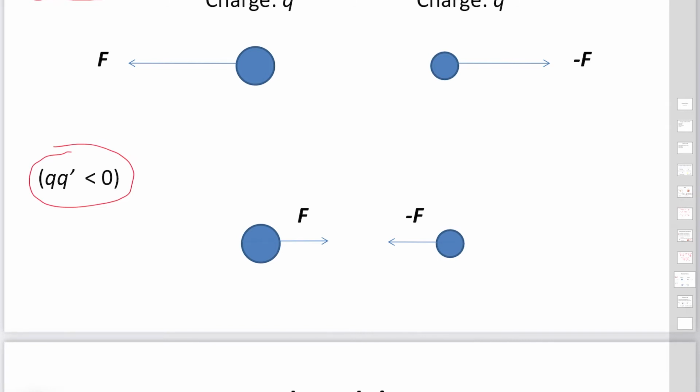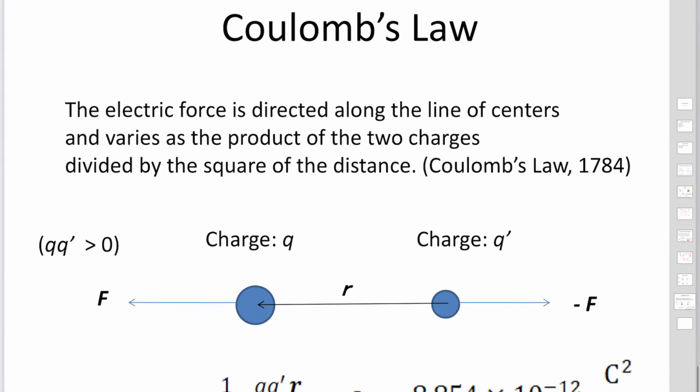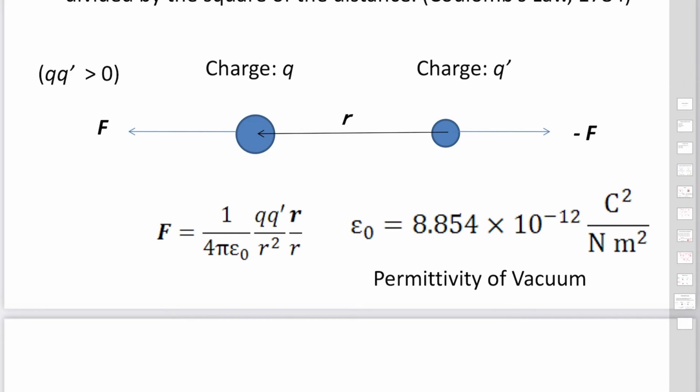To express the magnitude of the electric force, we use Coulomb's law. Coulomb's law says the electric force is directed along the line of centers and varies as the product of the two charges divided by the square of the distance. We call this Coulomb's law. We consider two charges.